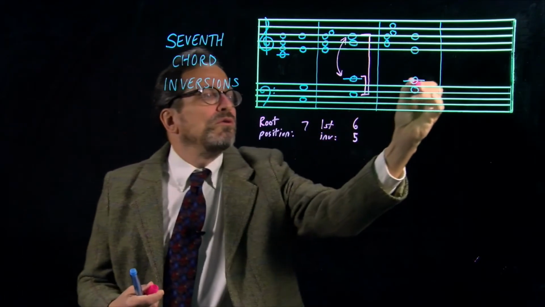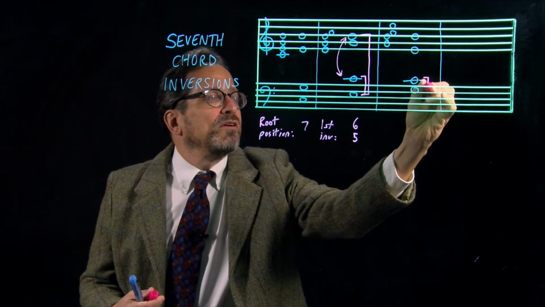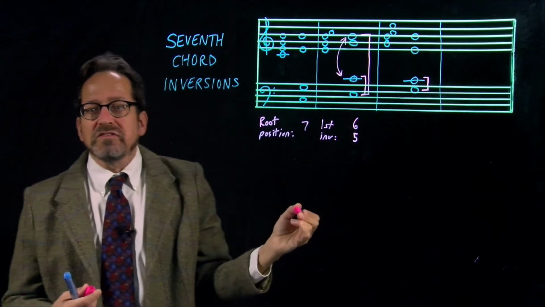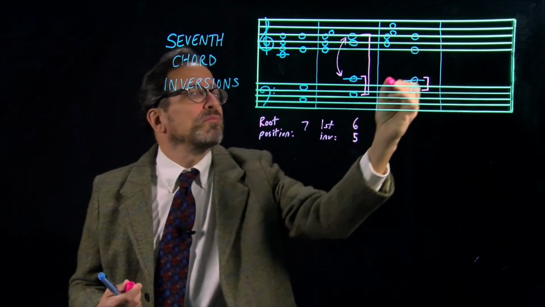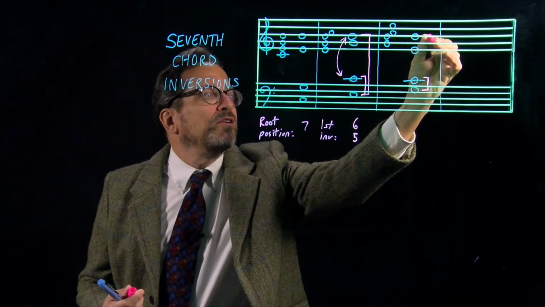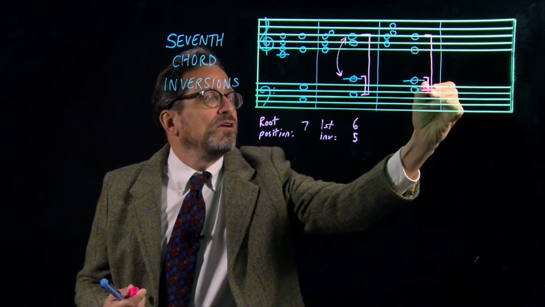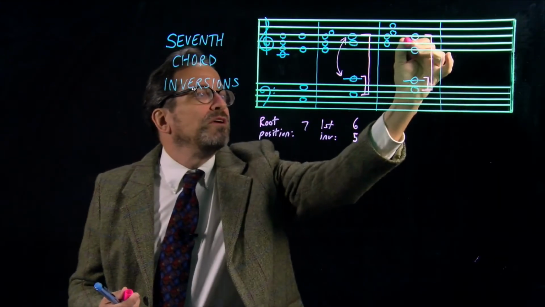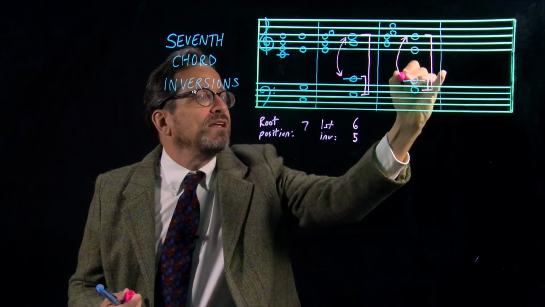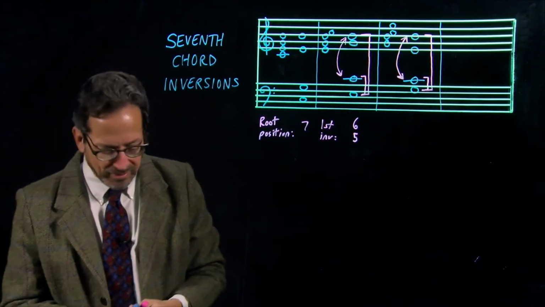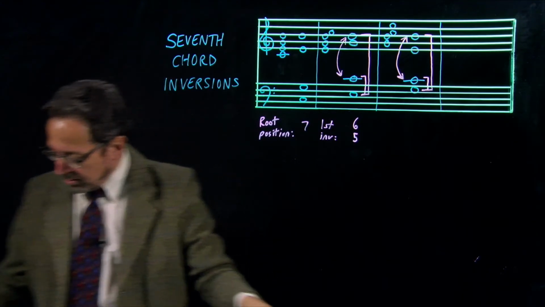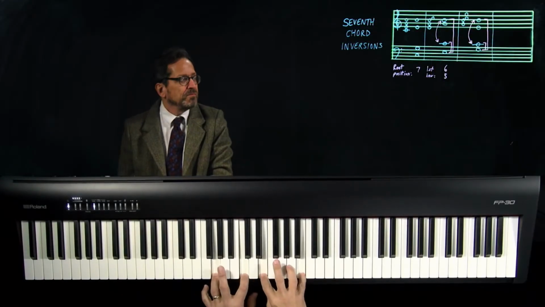Now we have a fourth above the bass, as we did for the second inversion triad. But we also have a third above the bass, which again is creating that dissonance with the part that is a fourth above the bass. So this chord now sounds like this.